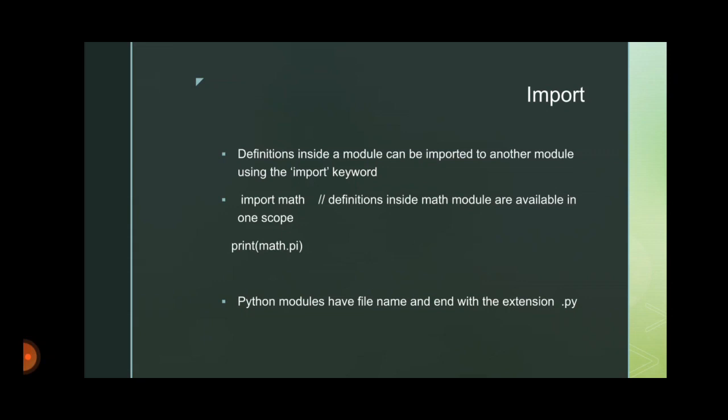I am trying to print math.pi. That is, the value of pi is specified within the module math, and I am printing it using math.pi. Python modules have file names ending with the extension .py.